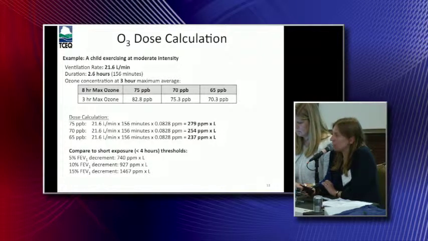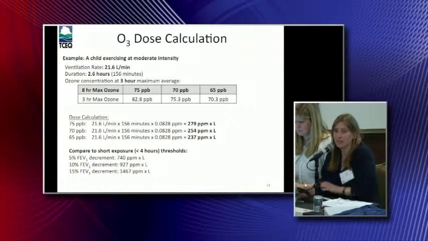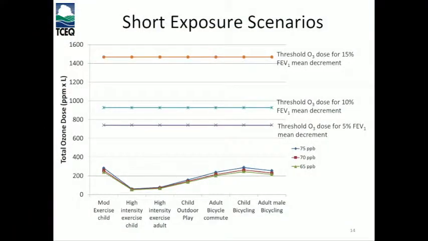And then that can be compared to the threshold. So the thresholds are at the bottom. This is a less than 4-hour exposure, so we would use the short exposure curves. I did this for a number of the different exercise scenarios that I showed you. And this is the short exposure scenarios, anything less than 4 hours, so I'm comparing it to those dose thresholds.